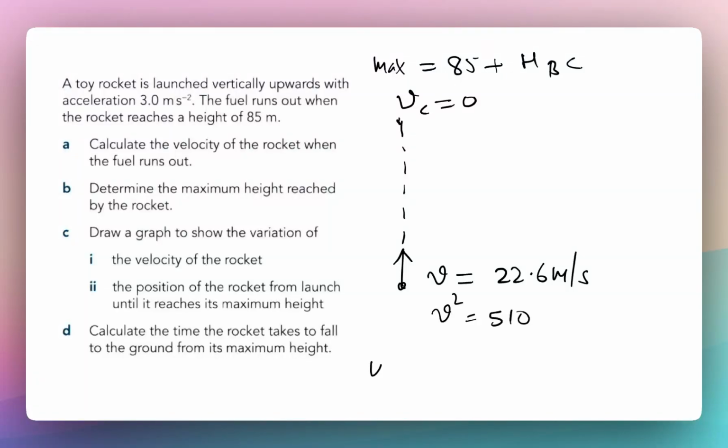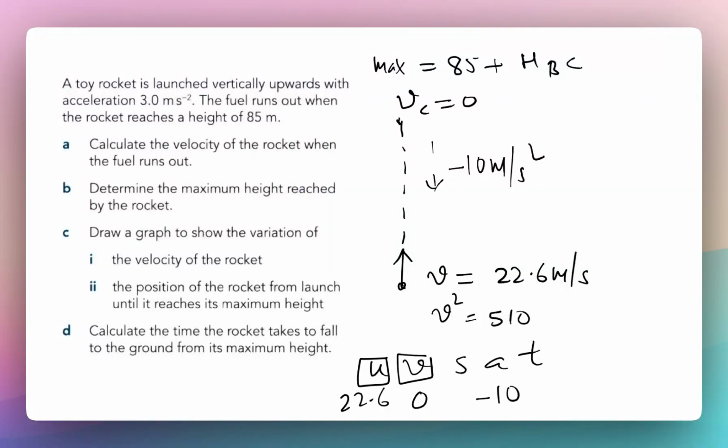If we write our u, v, s, a, t, my u is going to be 22.6, v is going to be 0, and the acceleration this time will be downwards at 10 meters per second square, so we say minus 10. Now we know these three, u, v, and a, and what we have to find is the height, s, which is unknown. Again, time is not a concern, so we are going to use the same equation, which is v square is equal to u square plus 2as.